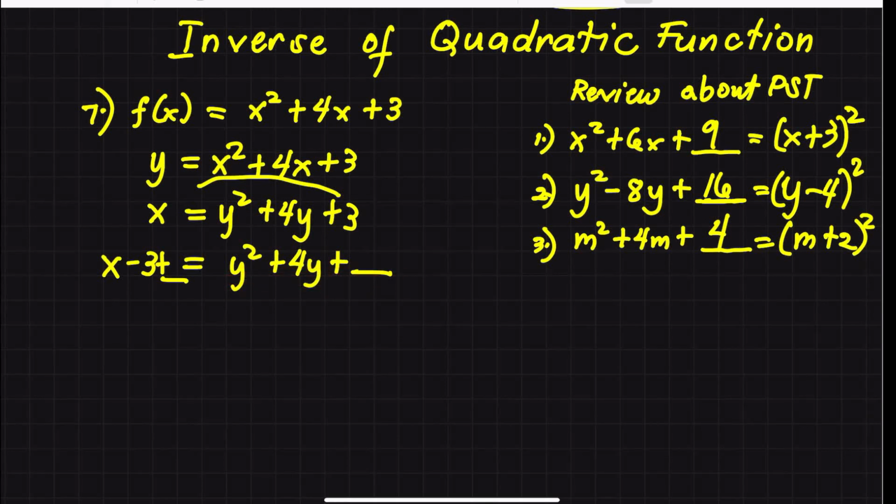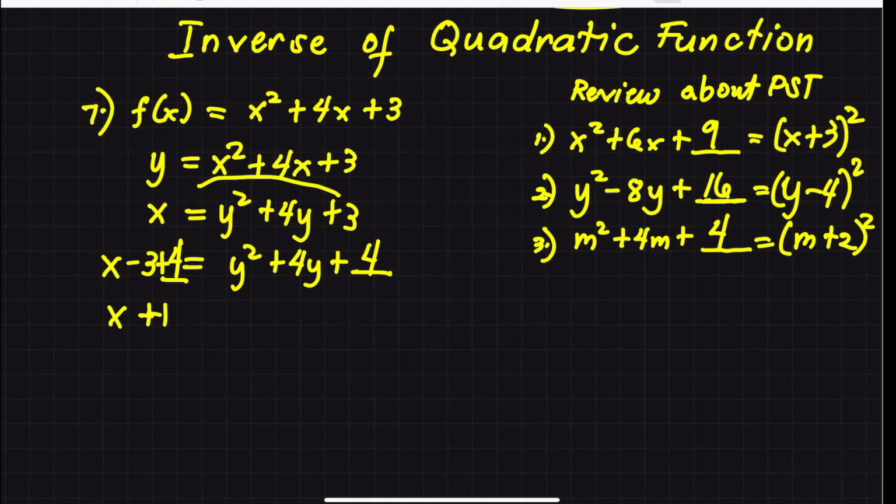Bakit tayo magdadagdag? Kasi gagawin nating perfect square trinomial ito. Okay? Anong idadagdag natin? So, ang middle term natin ay 4y. So, kunin natin yung 4, i-divide sa 2. 4 divided by 2 ay 2. Tapos, i-square natin yan, magiging 4. So, magdadagdag tayo ng 4 both sides ng equation. Then, isi-simplify natin, magiging x plus 1, kasi negative 3 plus 4, naging 1 na lang.